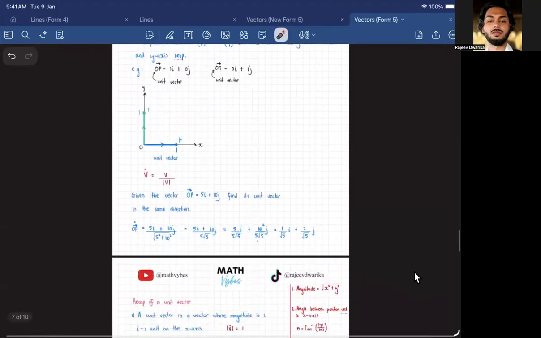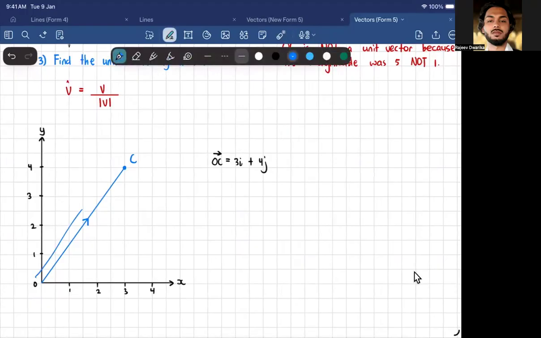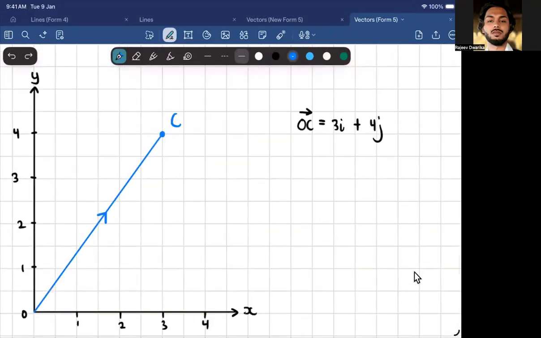Well, that's what we're doing, right? So, Sky, when we found the magnitude, we actually found the length from O to C. And what did we find it to be? 5, right? We found it to be 5. Yes, sir. So 5 units.